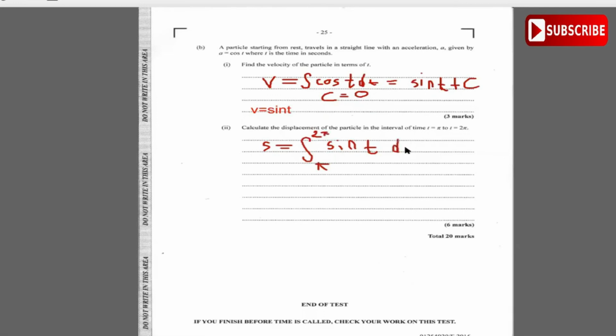Nice and easy. So when you integrate sine t, you get minus cos t. So now we get minus cos t, and we're integrating from pi to 2 pi.